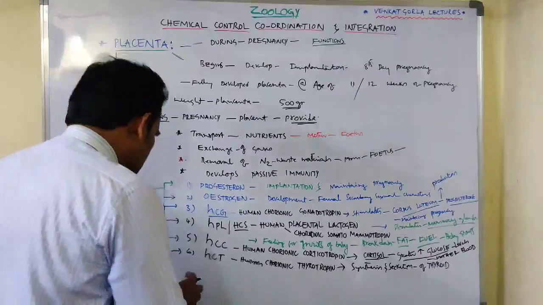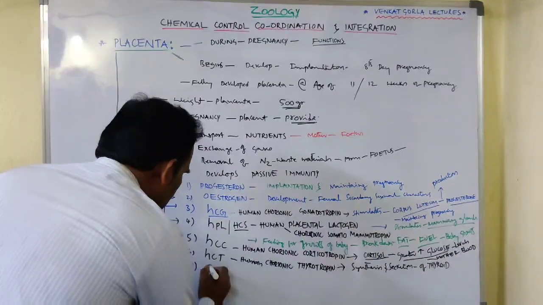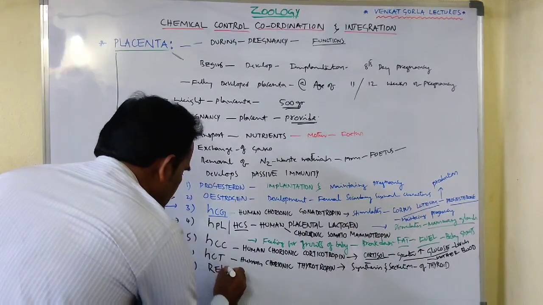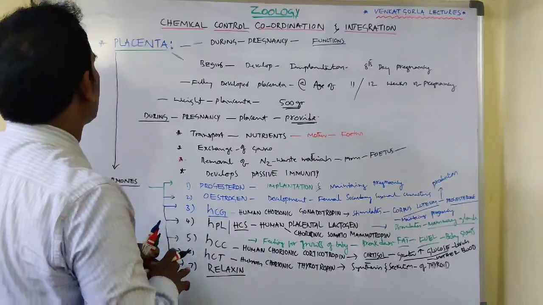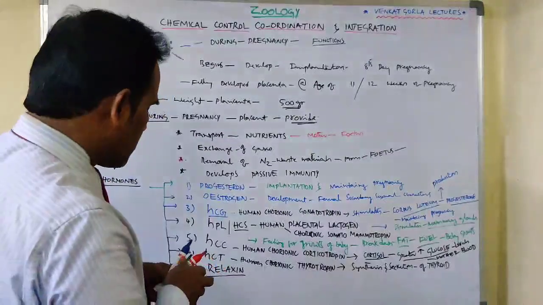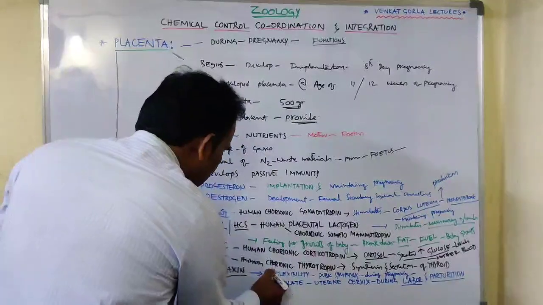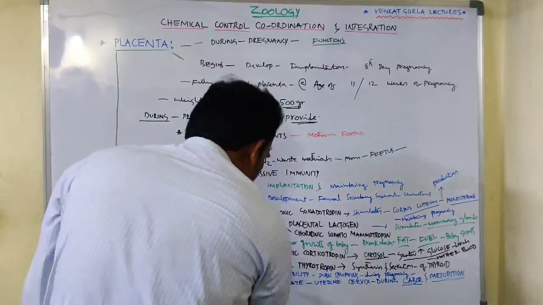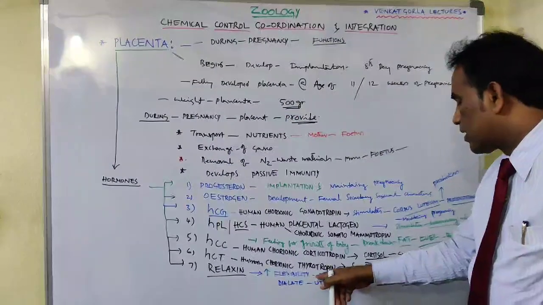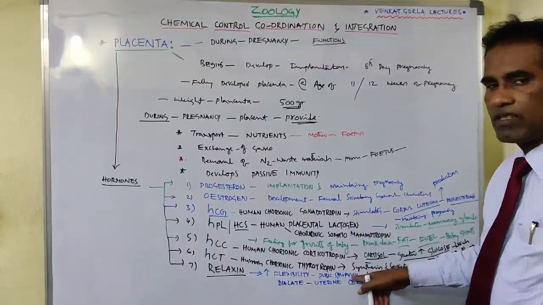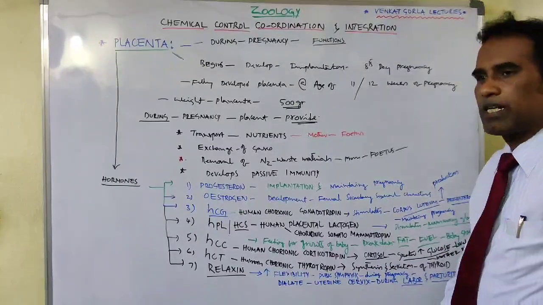The last but not least hormone is relaxin. Relaxin is a hormone secreted by the placenta. It is mainly concerned with increasing the flexibility of the pubic symphysis during pregnancy.